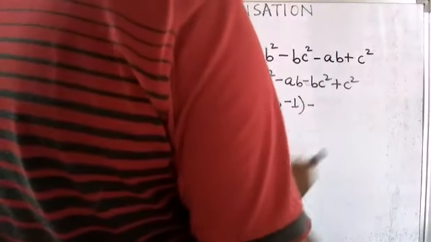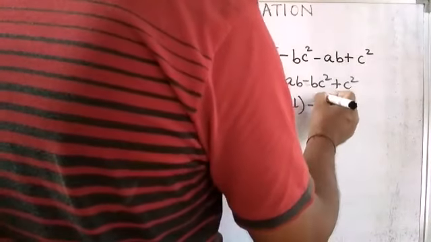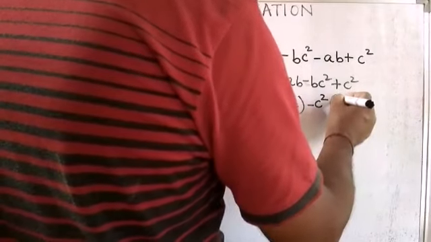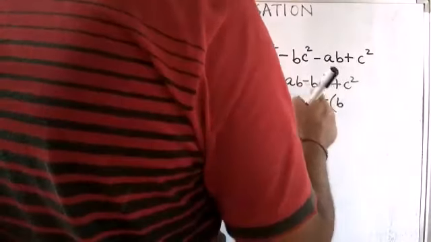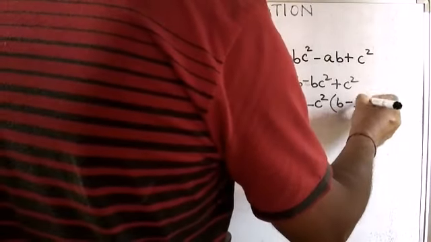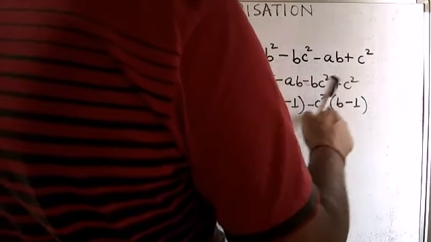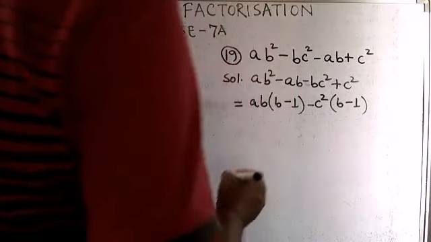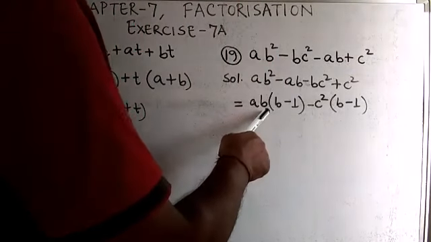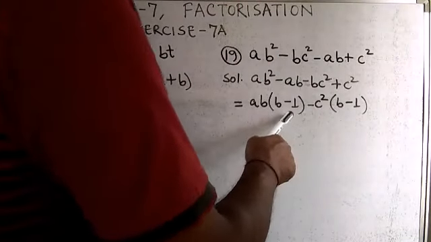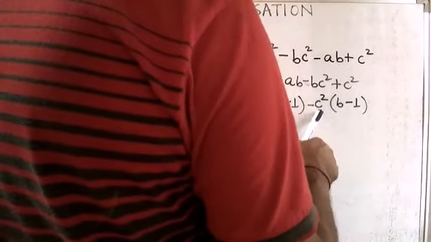Again minus c square can be taken, that is b minus c square into b gives minus bc square, and minus c square into minus 1 gives plus c square. So in the first two, the highest common factor is ab and b minus 1 is the quotient, and in these two, minus c square is the highest common factor and b minus 1 is the quotient.